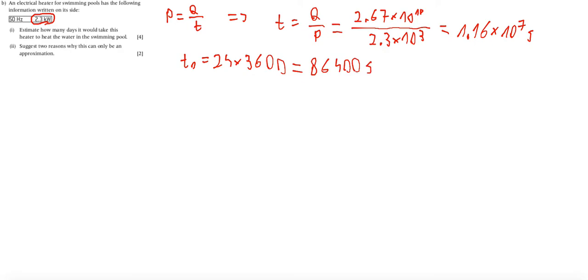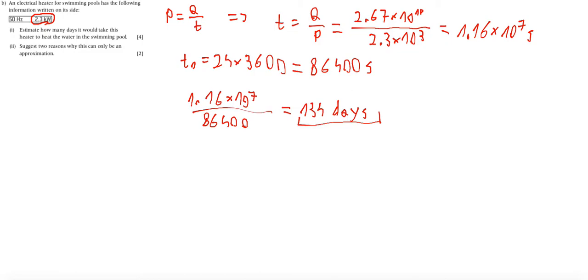So now we can calculate the number of days by dividing 1.16 times 10 to the power of 7 by 86,400, which is 134 days. Nice time. So in my imaginary swimming pool we have to wait 134 days.